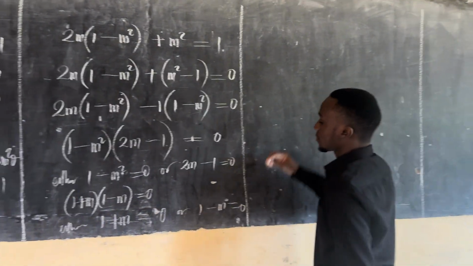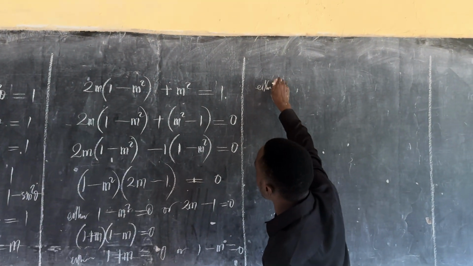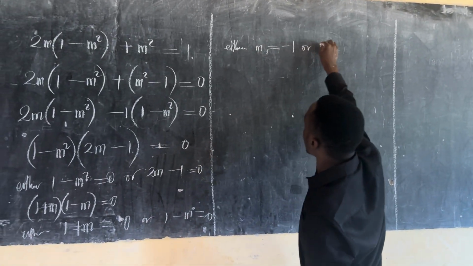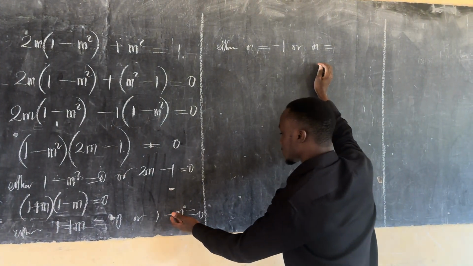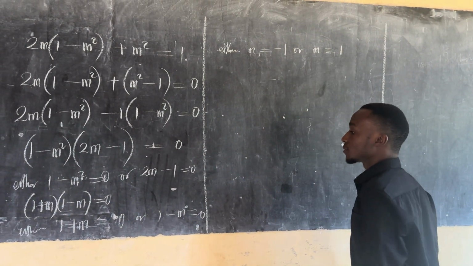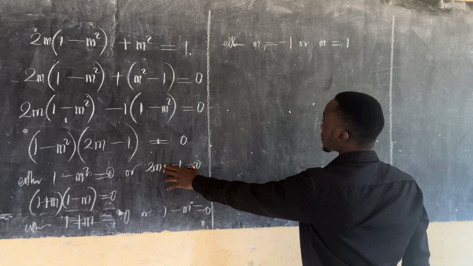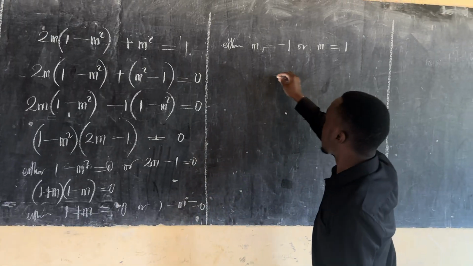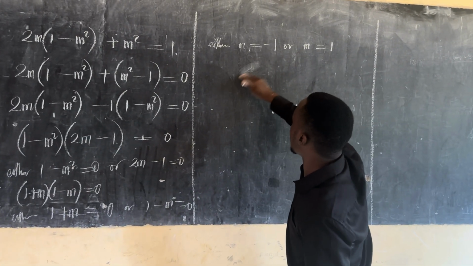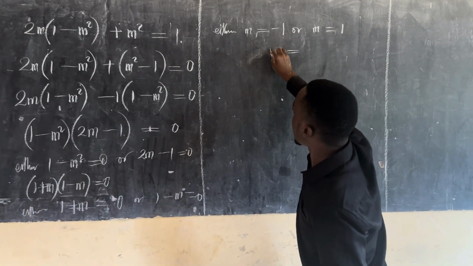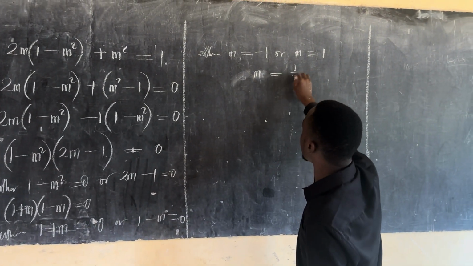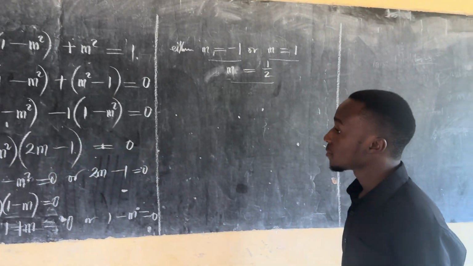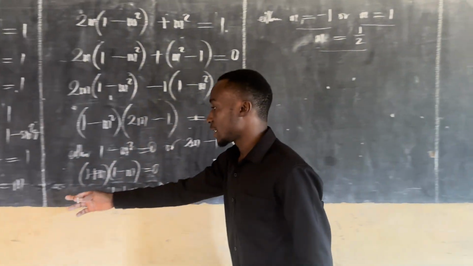So either m is equal to negative 1 or m is equal to a positive 1. But we shouldn't forget also this one. These two m values are just from this one. So from this one, we can also get our m as half. So we are having these 3 m values and we should use them to get our value of theta.